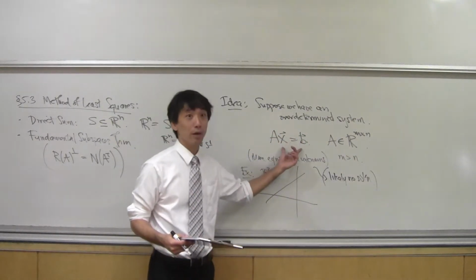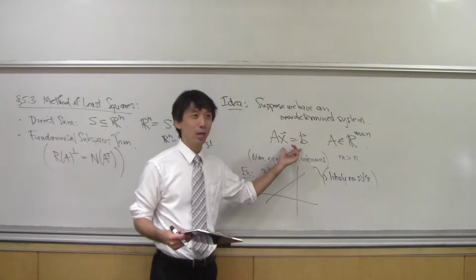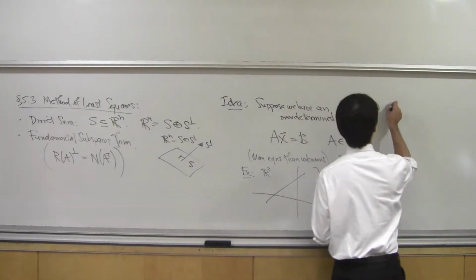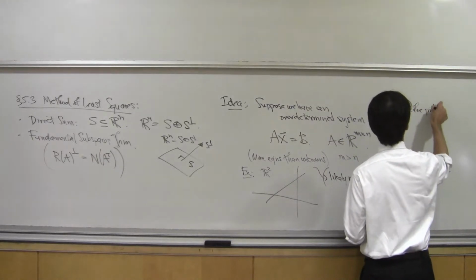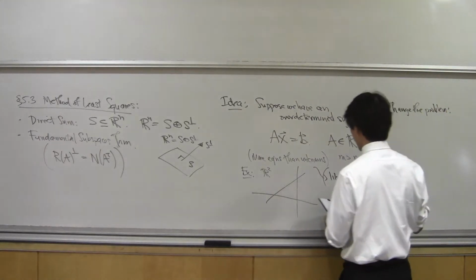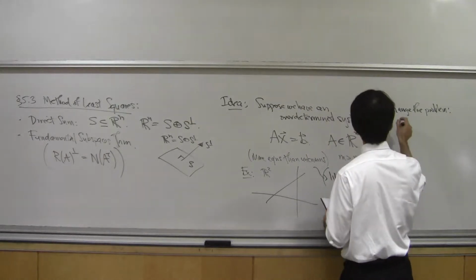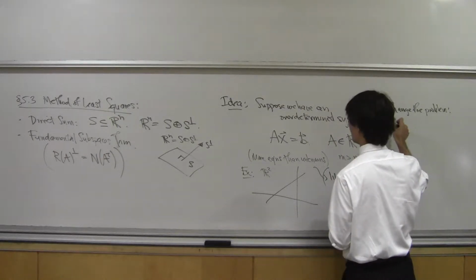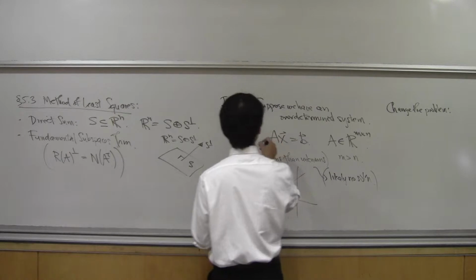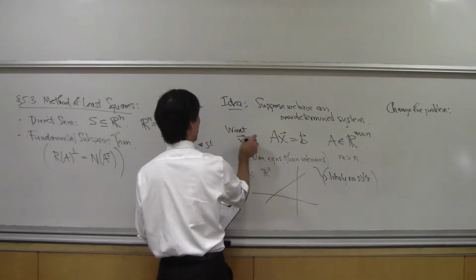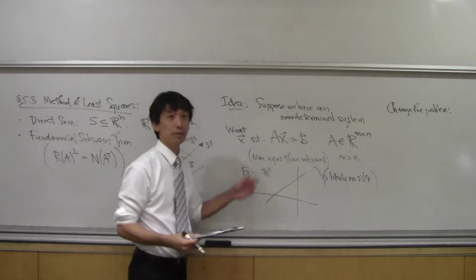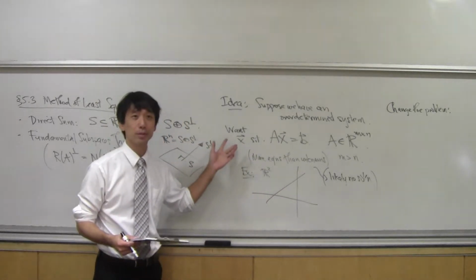Instead of trying to solve this problem, which is impossible, we change the problem. Here we want an x that satisfies this, but there is no such x.